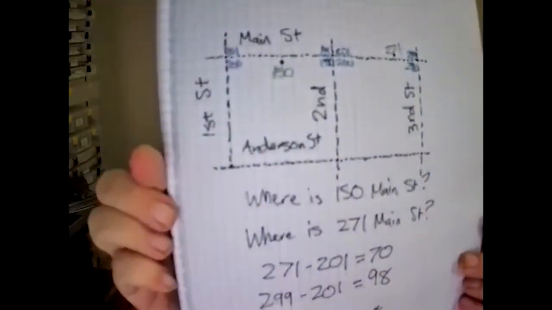I'm going to count 7 little ticks over, starting at 201. So 1, 2, 3, 4, 5, 6, 7. I'm going to mark this dot right here, and that is going to be 271 Main Street.